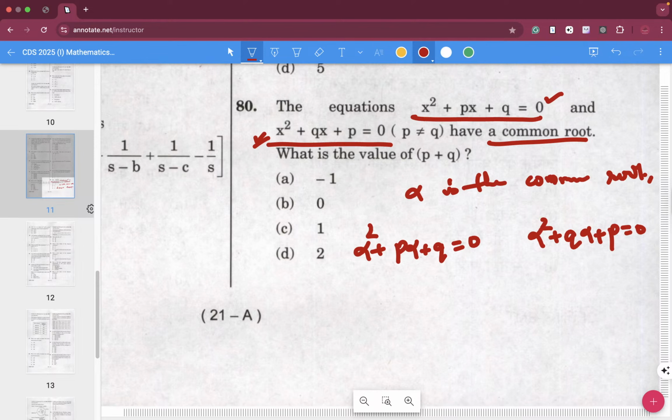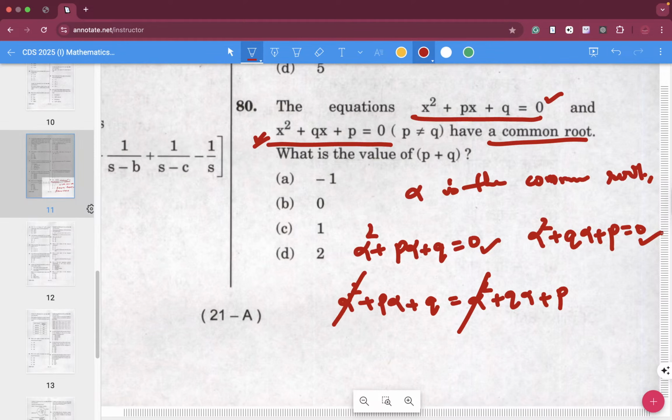So this is also equal to 0, this is also equal to 0. So can we equate that? We are equating that. Alpha square plus p alpha plus q is equal to alpha square plus q alpha plus p. Now over here alpha square is gone.